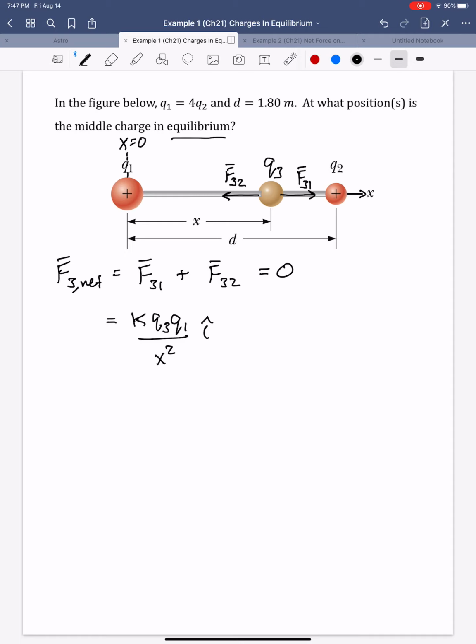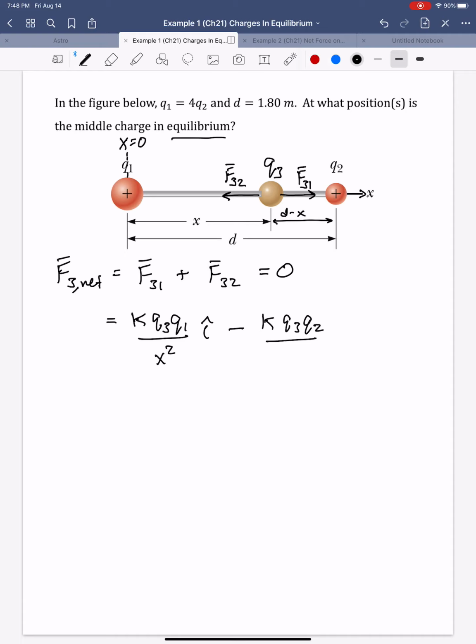Next one. Force 3-2 points to the left, so this one will be negative. Coulomb constant times the product of those charges, Q3 and Q2, over the distance between 3 and 2. If d is the distance between 1 and 2, then the leftover distance right there is d minus x.